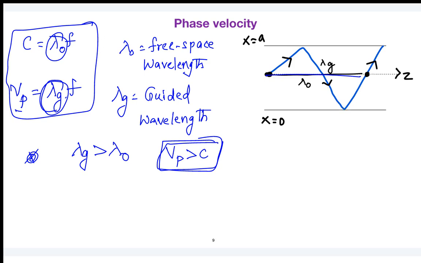When you introduce the waveguide, it takes a longer path; when you don't have any waveguide, it takes a shorter path. Since your guided wavelength is more than lambda naught, your phase velocity is more than the velocity of light.